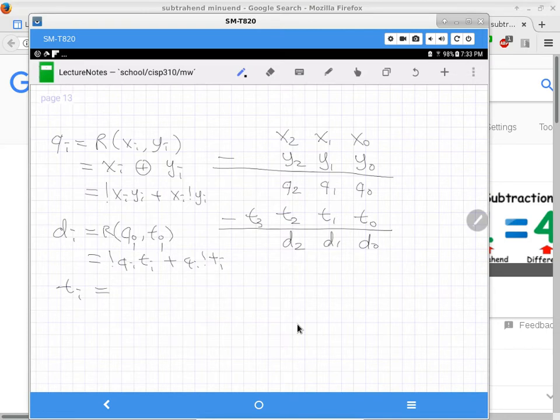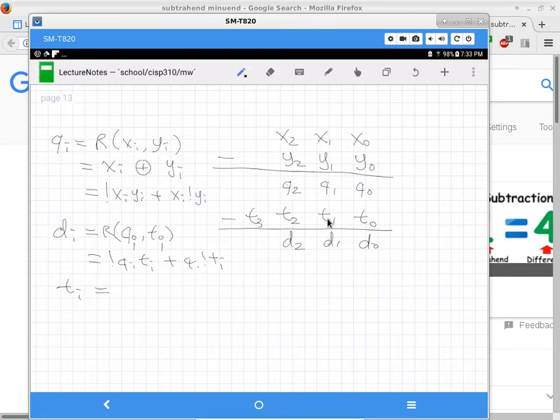There are two ways to contribute to a T. Let's take just T1 into consideration. The subtraction of Y0 from X0 can contribute a 1 to this T1, but the subtraction of T0 from Q0 can also contribute to T1.